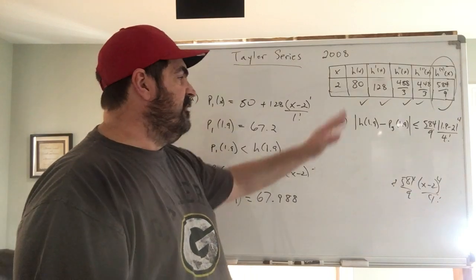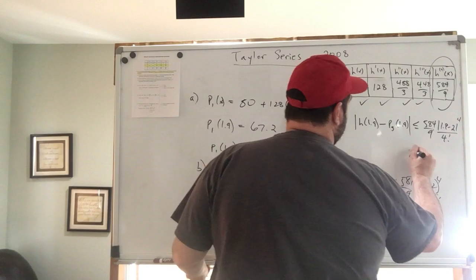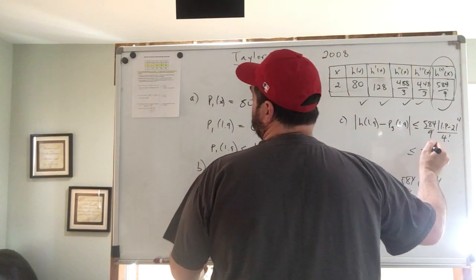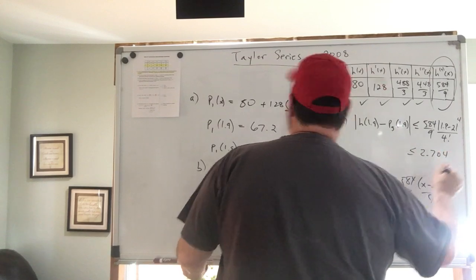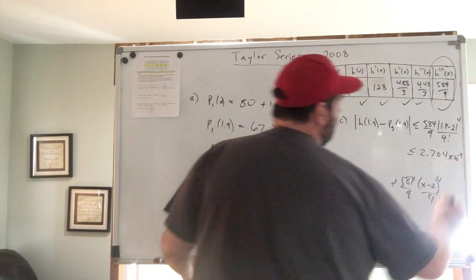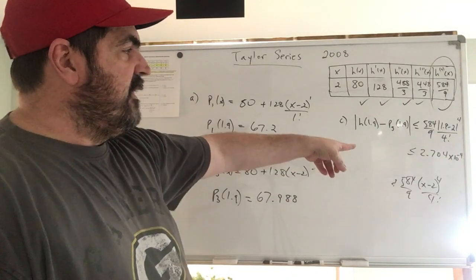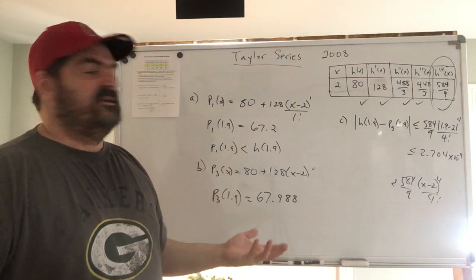Okay, and you calculate this. Use your calculator. I think I got 2.7004 times 10 to the negative 4. All right, so that's how close I am. That's my error, and it said show it's less than 3 times 10 to the negative 4.